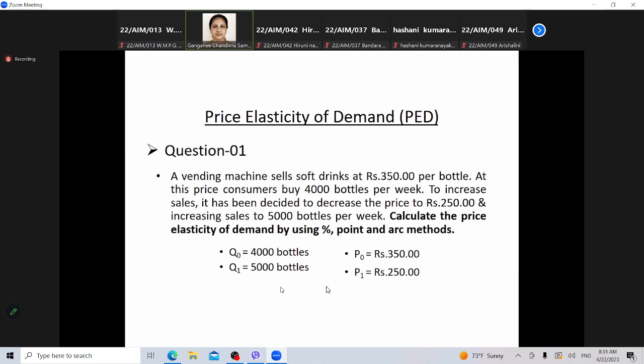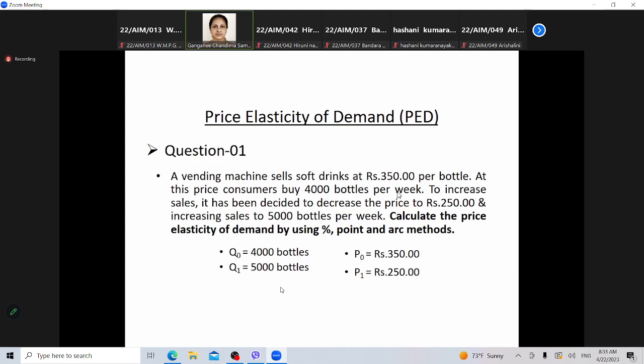So there are 33 students. So 33 answers should come. Some have calculated by using ARC method as well. So you have to get the same answers for both. So ARC method, Vimandya, correct.